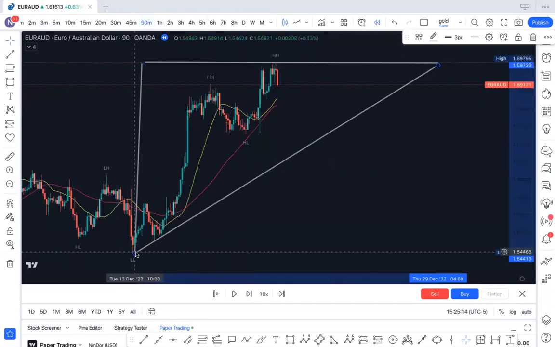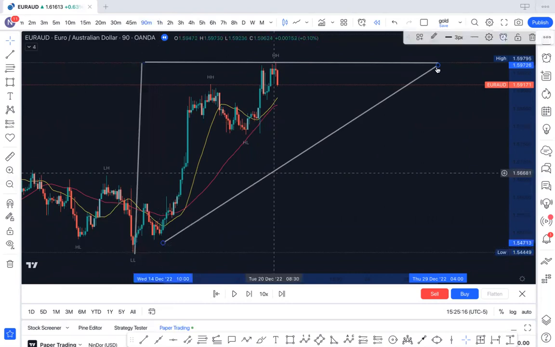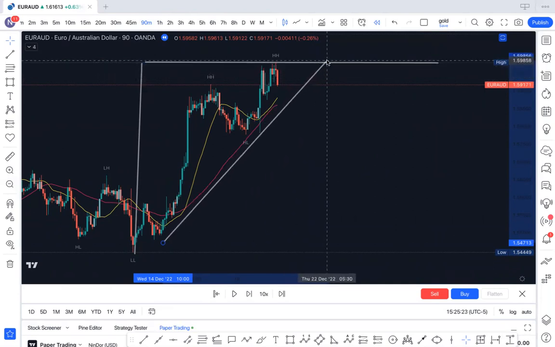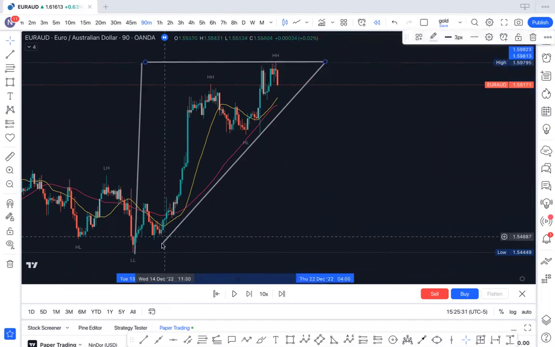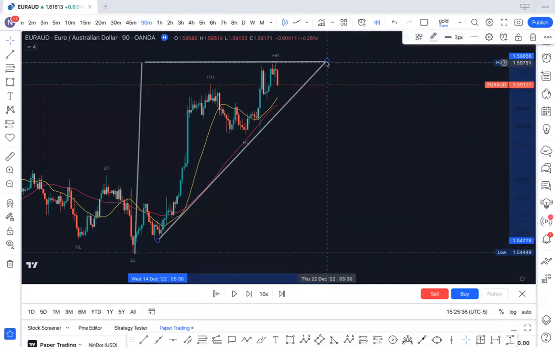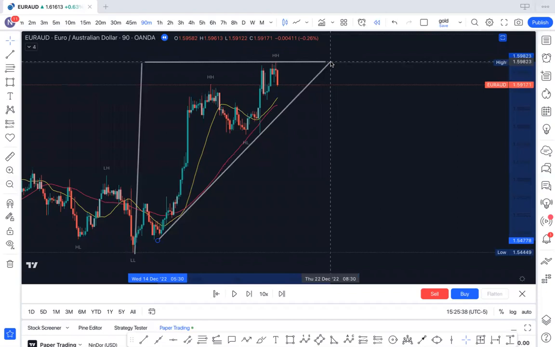So with that being said, I am going to adjust this trend line so that it's more precise for our triangle. Now that we're on the right time frame, the precision is so important for this particular technique. So let me do my best to get this perfect.